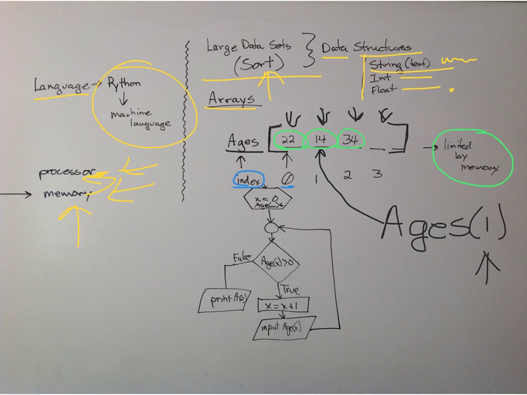Just one index. Then down here I drew a little code. X equals 0, identify the array. As long as x is greater than 0, we increment, we put the value in the array, and we keep looping until the array is full.